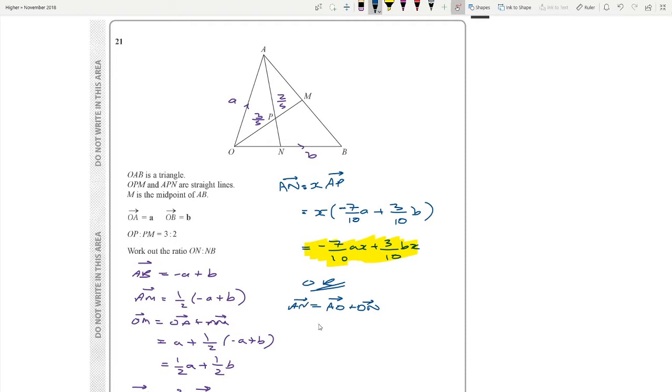We know the vector AO is going to be minus A, add. Now this is what I was talking about earlier. So we know that ON is going to be some fraction of the full line, which is B. Now I don't know what that fraction is. So let's give it a different letter. So we called the first one X. Let's call this one Y. So I'm going to call this add YB.